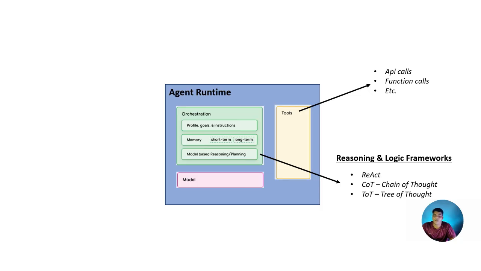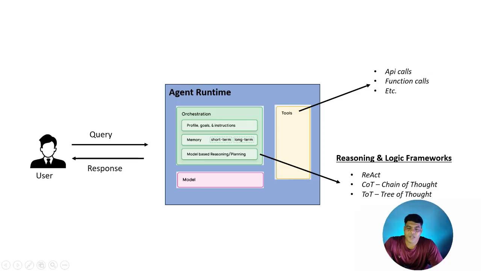And then we have the main orchestration layer, which is based on a reasoning and logic framework. It uses different logic frameworks like ReAct, chain of thought, or tree of thought. These are the different frameworks which tell the language model how to reason or perform the actions.